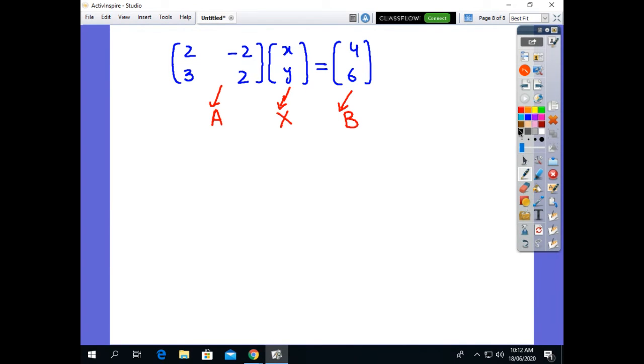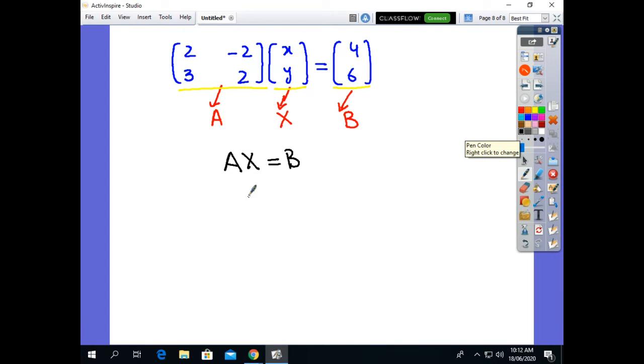It becomes AX is equal to B. Instead of this matrix we write A, instead of this matrix we write X, instead of this matrix we write B.